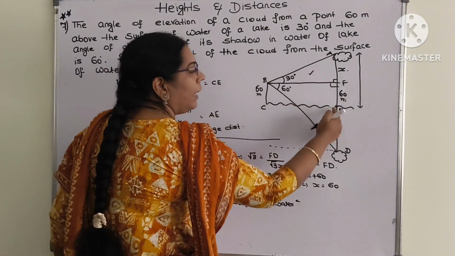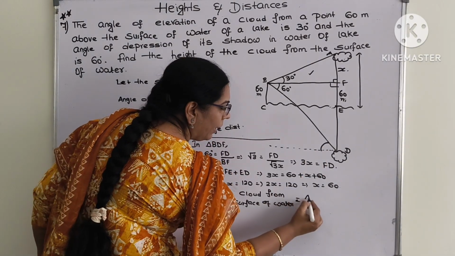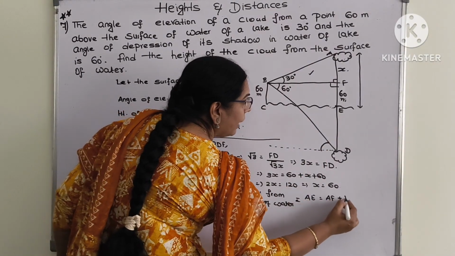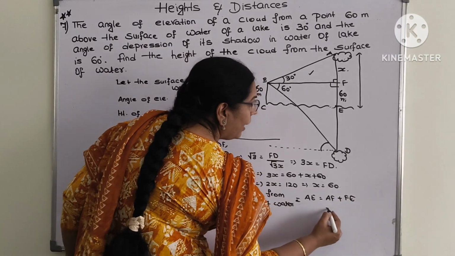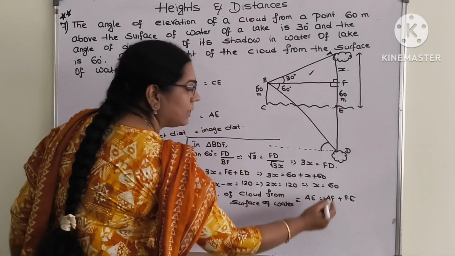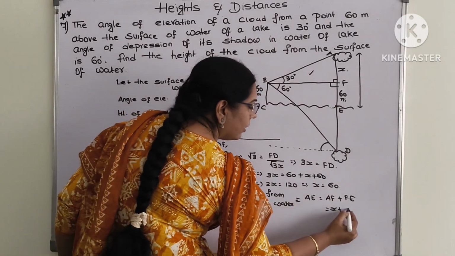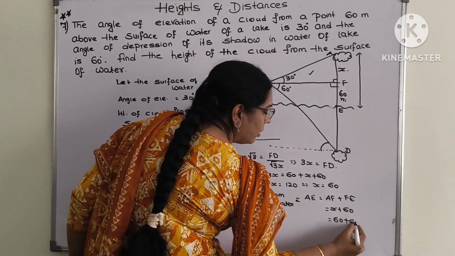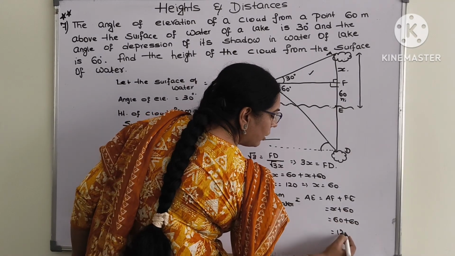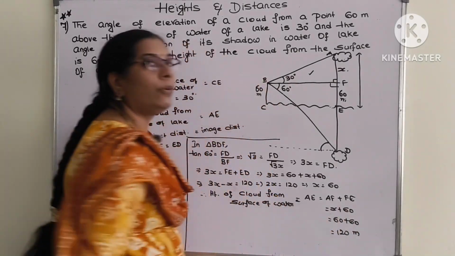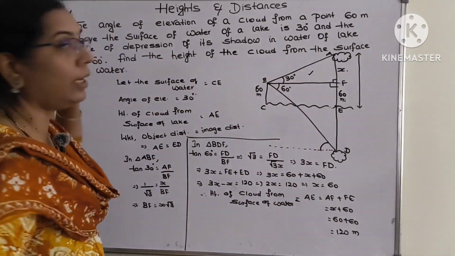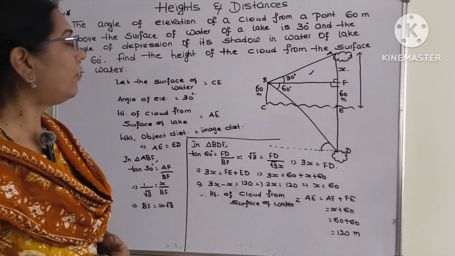It is AE. AE can be written as AF plus FE. AF is X, which is 60. So 60 plus 60. So the cloud is at a height of 120 meters from the surface of the lake. This is very, very important, children. Revise it properly.